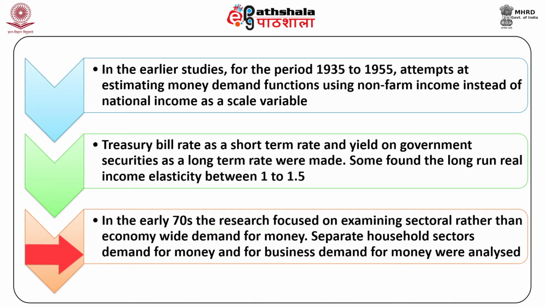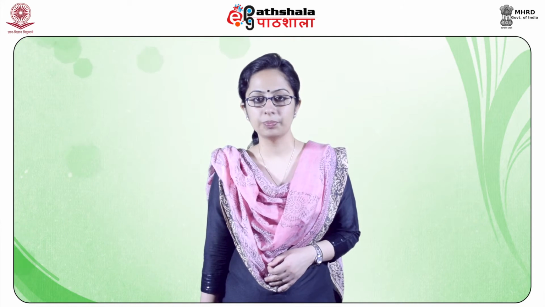In the early 70s, the research focused on examining sectoral rather than economy-wide demand for money. Separate household sector demand for money and business demand for money were analyzed. As a scale variable, household disposable income along with long and short-term interest rates were found to be significant, and affected by portfolio shifts in monetary assets as well as shifts in rural to urban income.